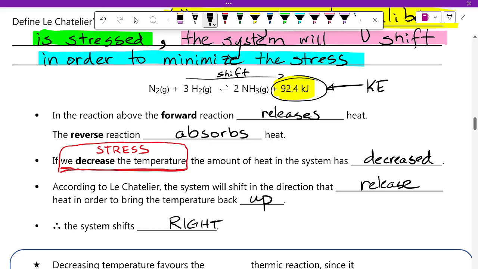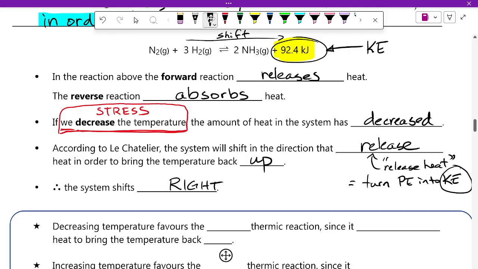So if we release more heat, that means we are producing kinetic energy. Okay, so release heat means turn potential energy into kinetic energy. And remember, kinetic energy can be measured as temperature.